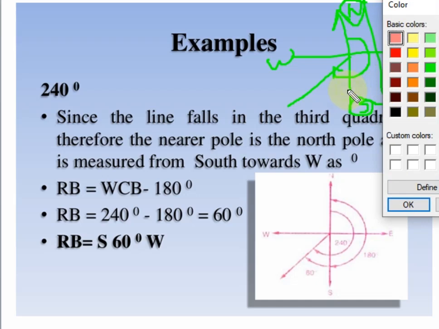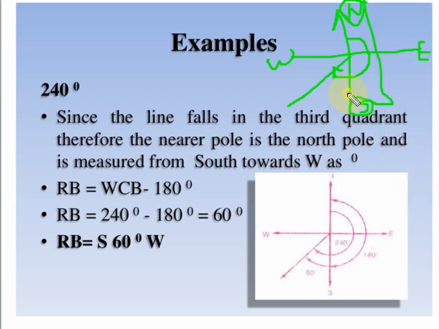How can you find out this bearing? You find out what the total value is up to 180. So 240 minus 180 degrees, you get 60 degrees. So the reduced bearing is 60 degrees.